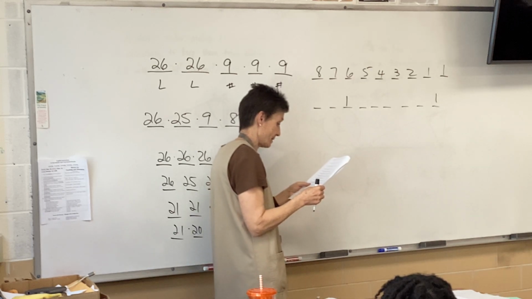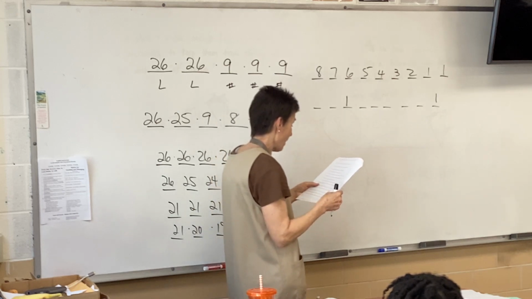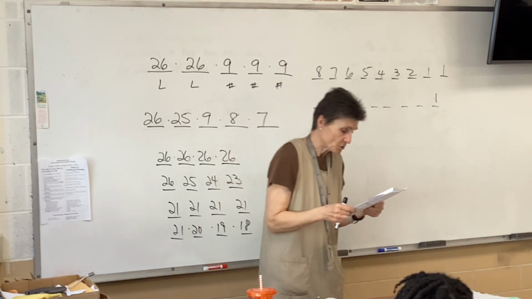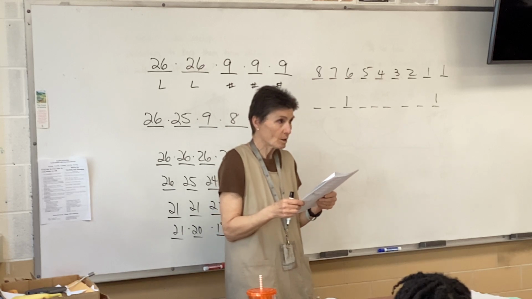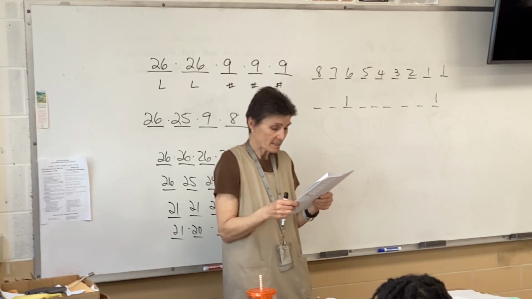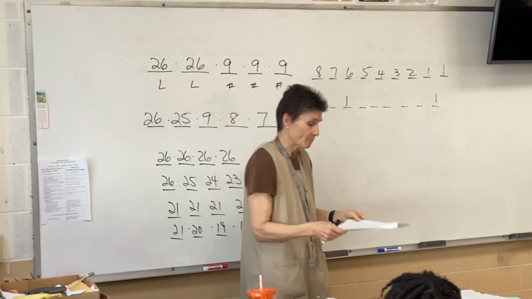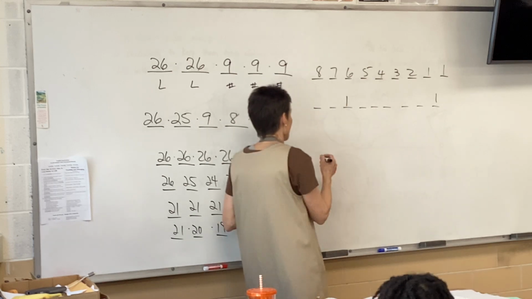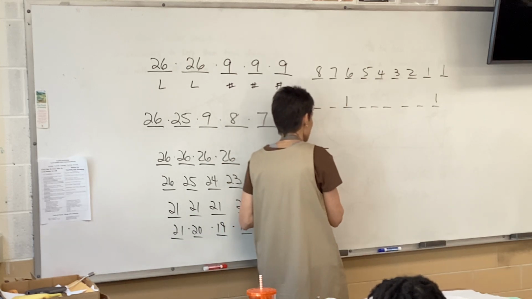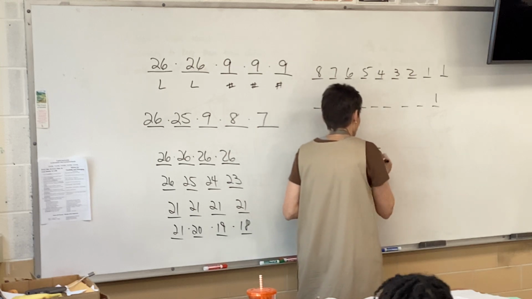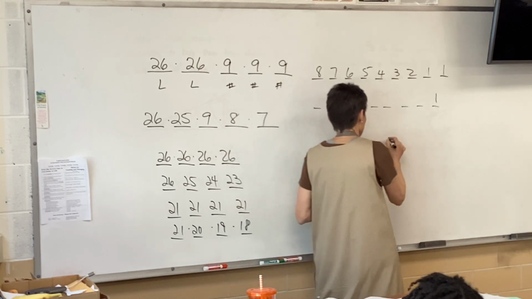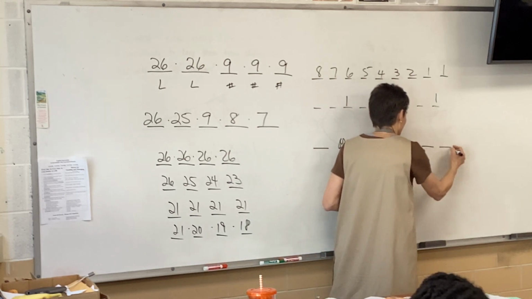All right. 18. How many 1-digit, 2-digit, or 3-digit numbers can be formed using the digits 1, 2, 3, 4, 5, 6? So I have 1-digit numbers, I have 2-digit numbers, 1 or 2 or 3-digit numbers.